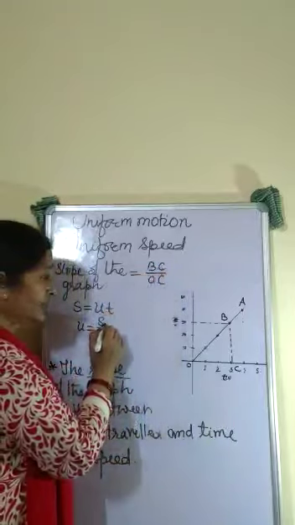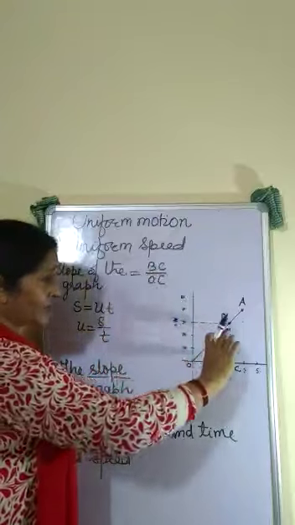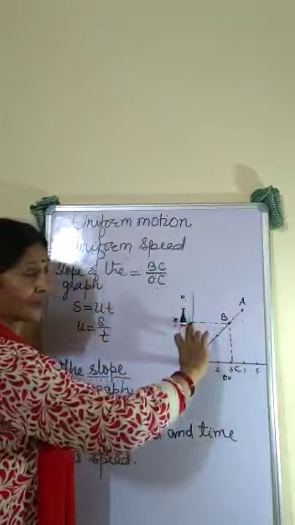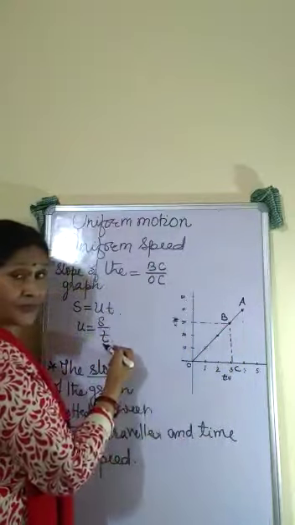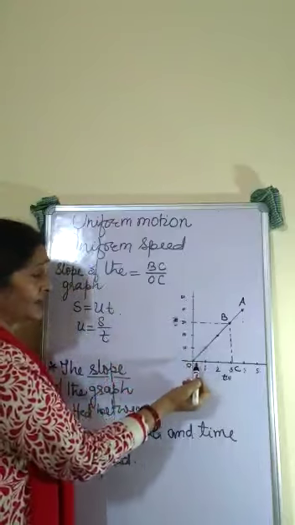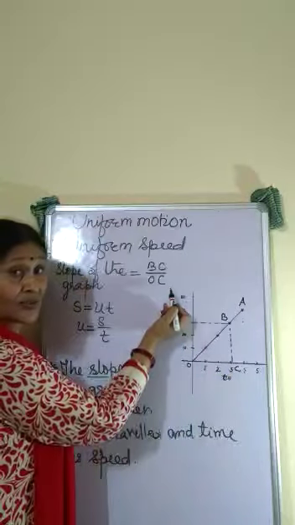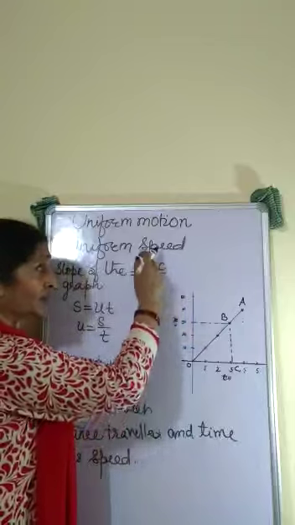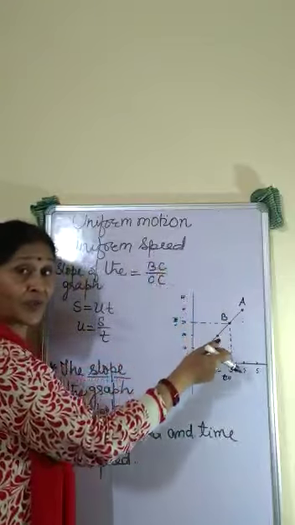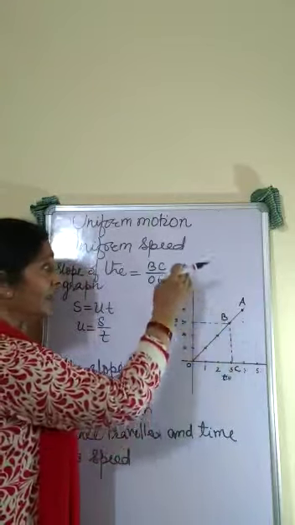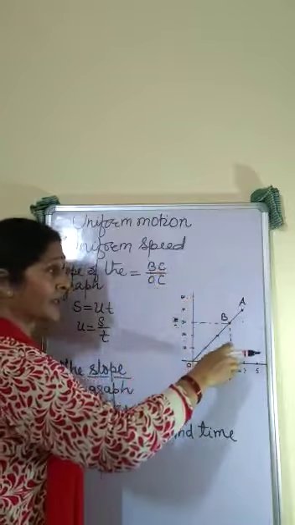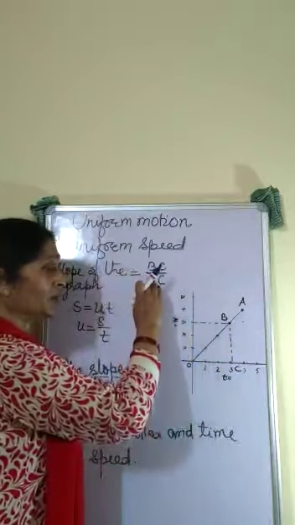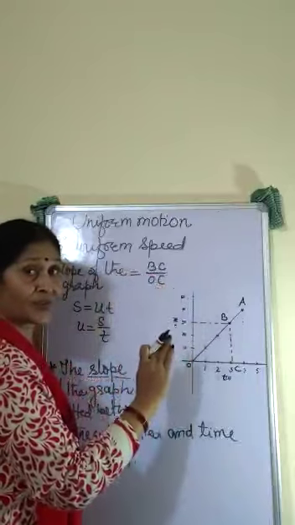This is the distance travelled and BC is also the distance travelled. Here the time is in the denominator, and here also OC is time. Therefore, this will give the speed of the body. In this graph, the slope of the graph will give us the speed of the body.